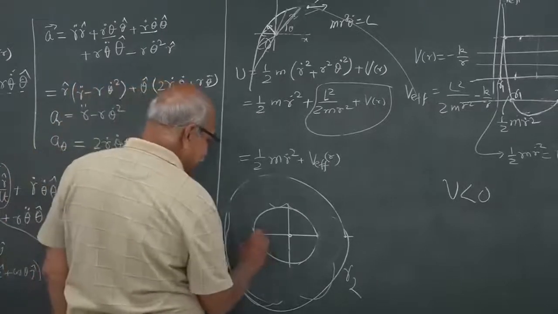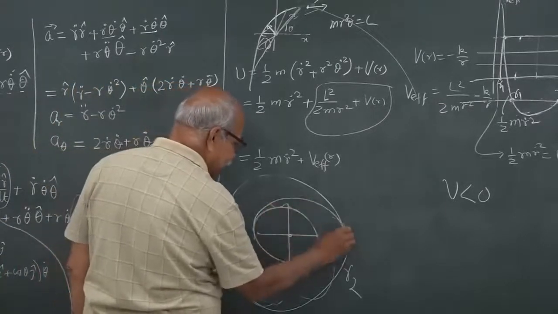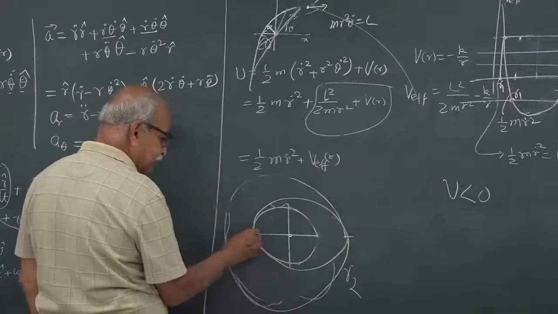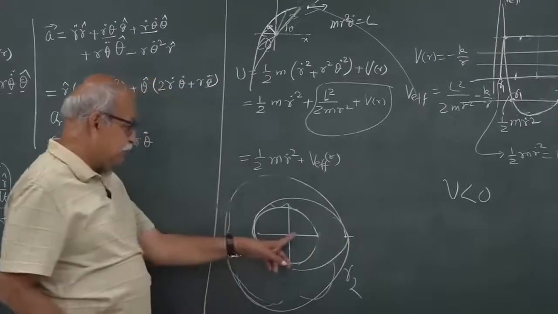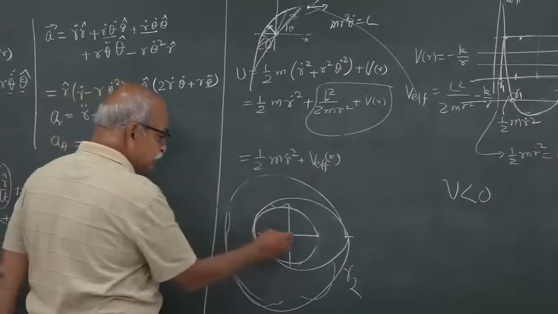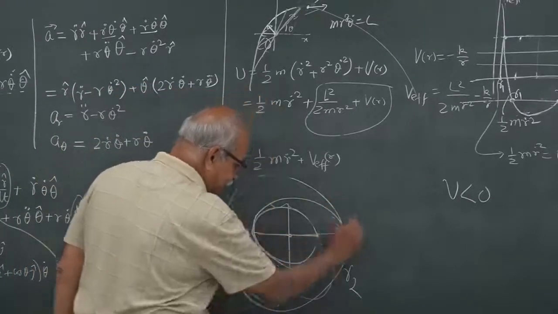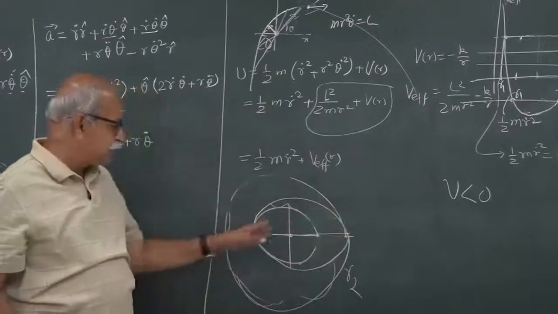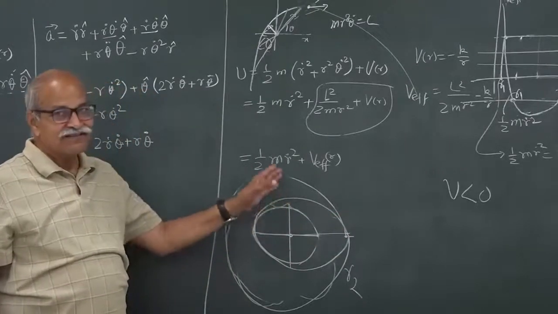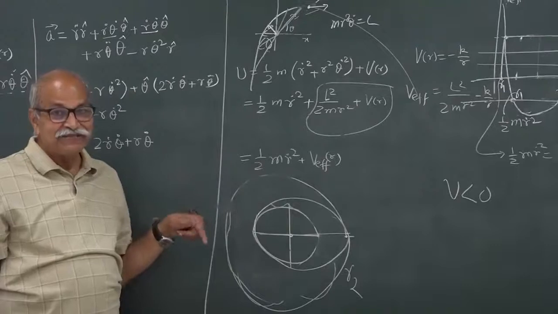So, it could be something like this. Minimum separation is r1, and maximum separation is r2, some kind of ellipse between these two circles. So, that is the path.